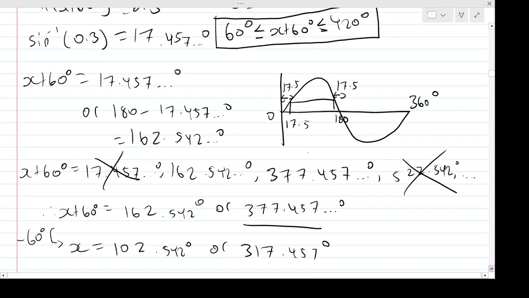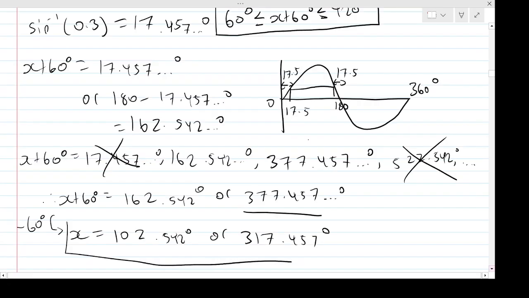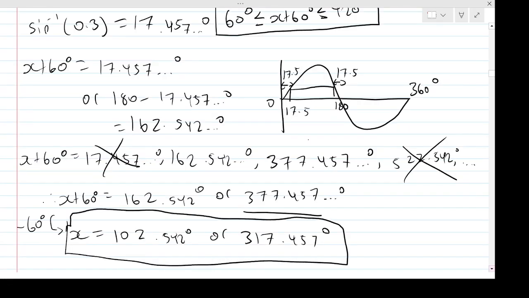So those are my solutions. I could round it if I want to, but the question hasn't told me anything, so they're not too fussed. So there's my two values. Cool.